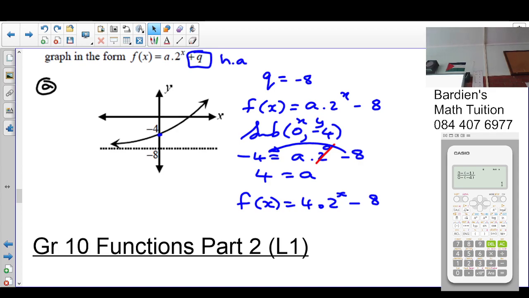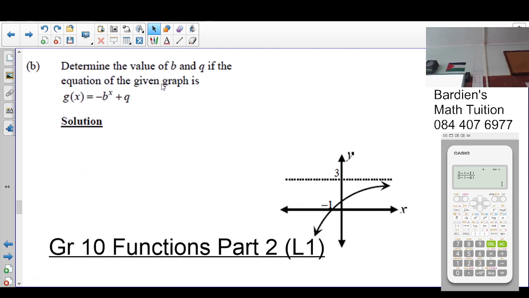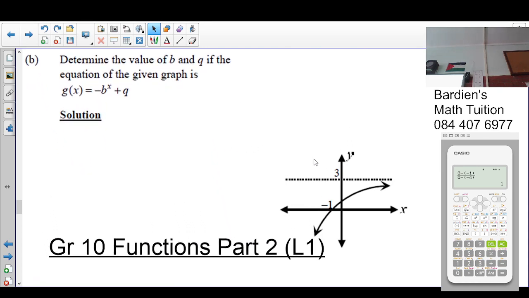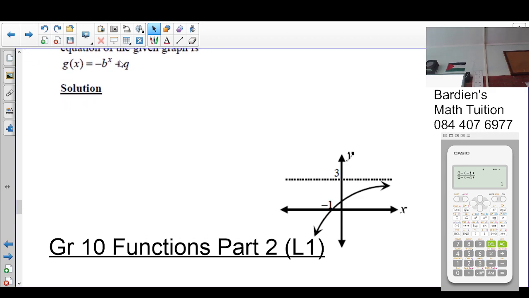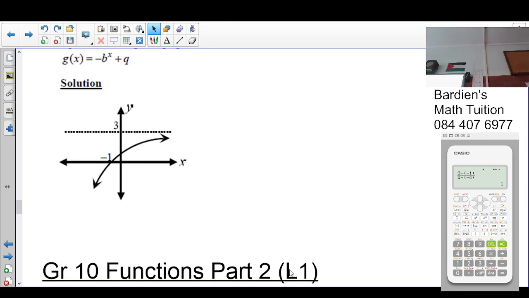Okay, let's go to the next one. Example B. Determine the value of b and q if the equation is given by the graph of g of x equal to negative b to the x plus q. Where can we start here?